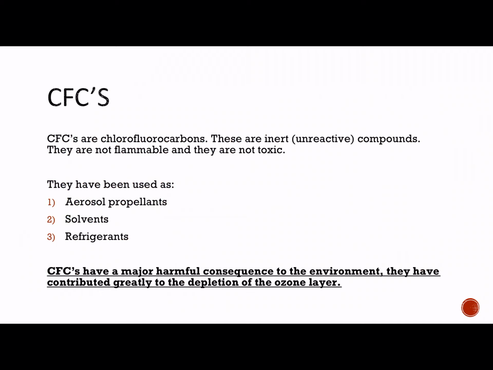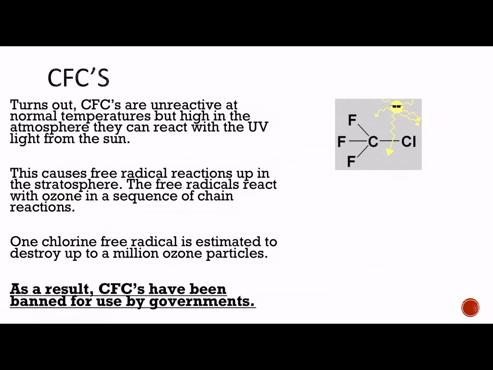They had caused a very harmful consequence to the environment, and so you do need to know a little bit of why. First of all, chlorofluorocarbons look like this molecule right here.